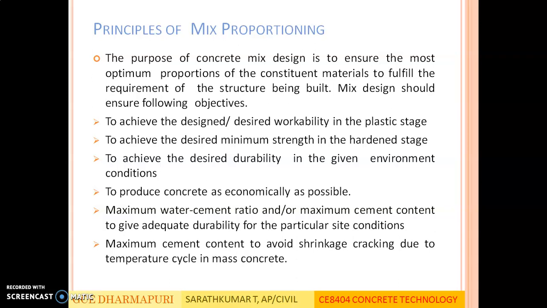So in a nutshell, there are three main properties of concrete. In its fresh state, it should have desirable workability so that it can be molded into any shape. Once it is hardened, it should have sufficient strength to withstand the loads. Finally, it should have sufficient durability so that the structure you are building with this concrete remains functional for a long duration.